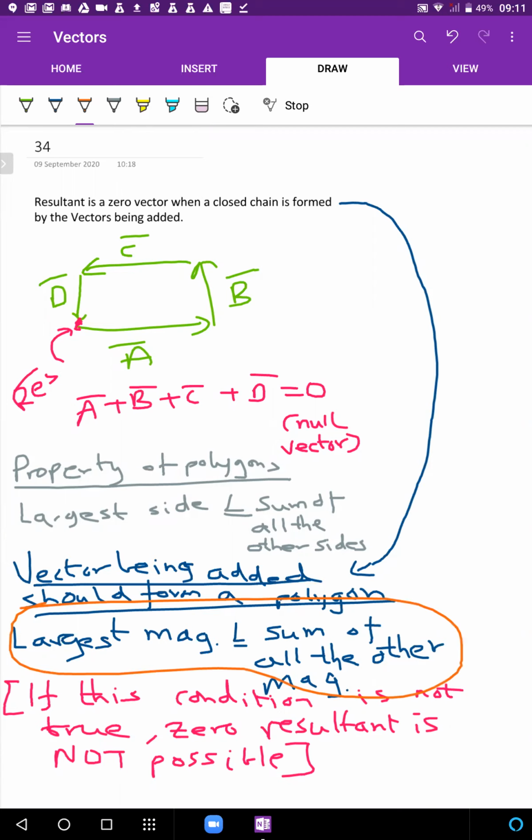If this condition is true, then you can form a closed polygon and zero resultant is possible. If this condition is not true, you cannot make a polygon and zero resultant is not possible. Okay?